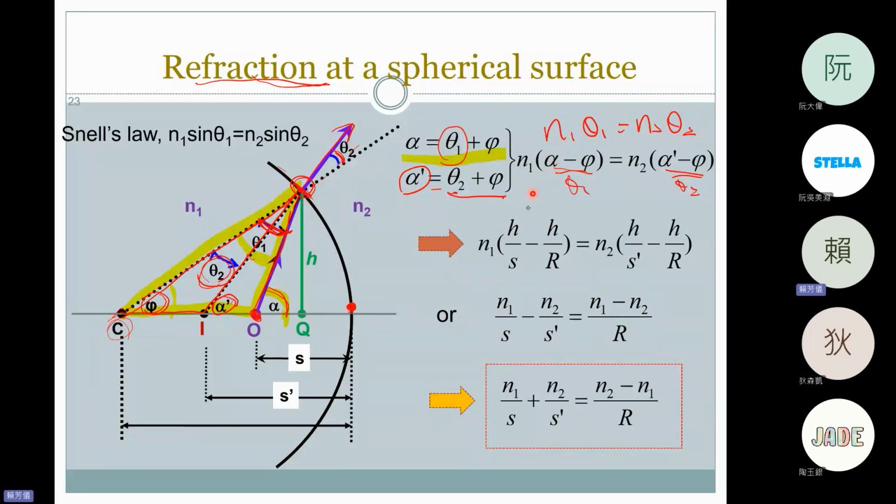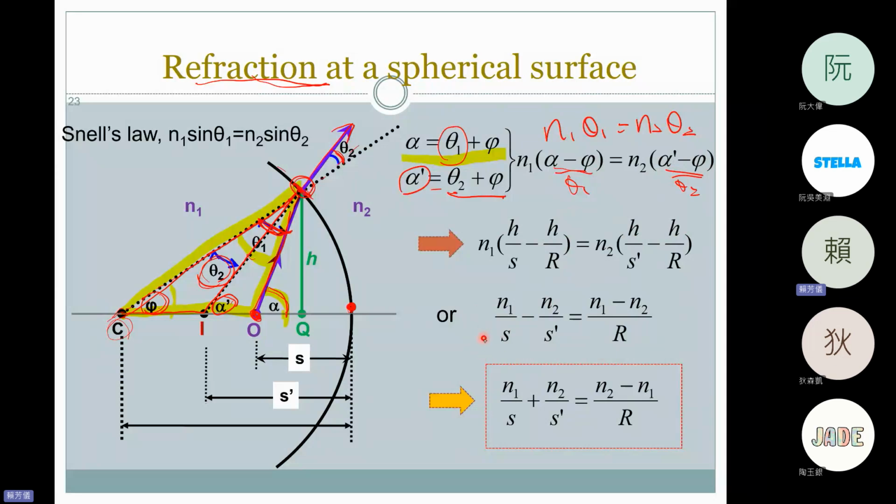So alpha we can write as h divided by S, and phi is this one. Actually the point is even here. This distance is the radius of curvature, so it's R. So phi we can write as h divided by R, and with alpha prime and phi we can write the equation here. Eliminating h, we can get this equation.